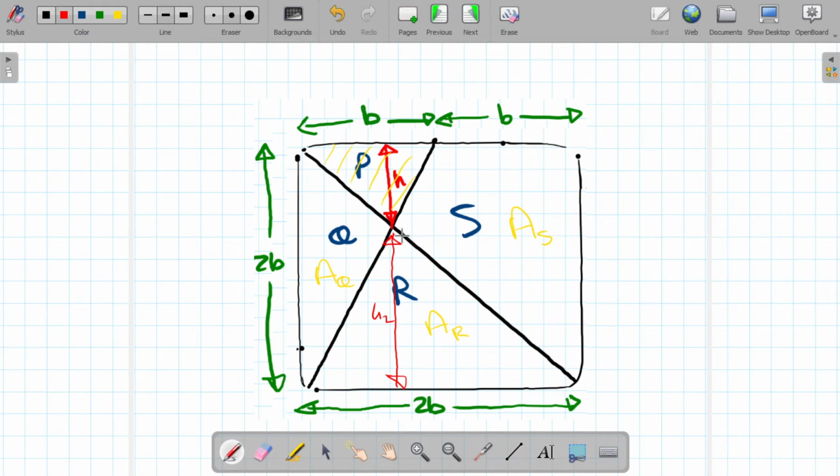So what do we do? Well, you'll notice that the whole length of that side of the square is 2b. So to find this height, you work out what 2b minus h is. So h2 equals 2b minus h, right? So we just bear that in mind for a moment.